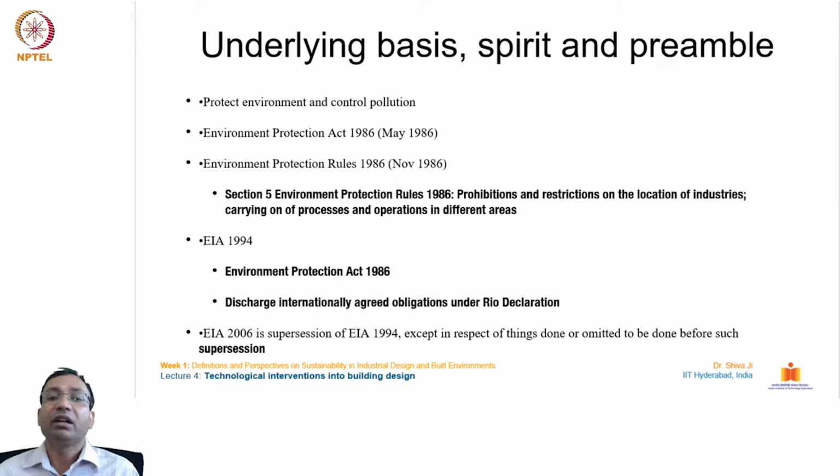So there are several international declarations which our country, as a responsible country, has kept on agreeing to, and it complies with those rules, regulations and mandatory requirements which these protocols and declarations offer for countries to adopt.